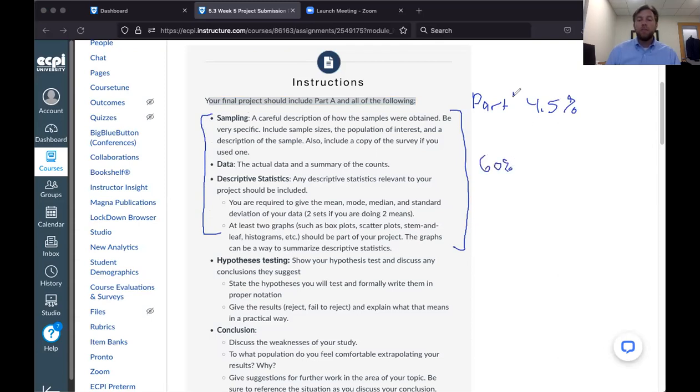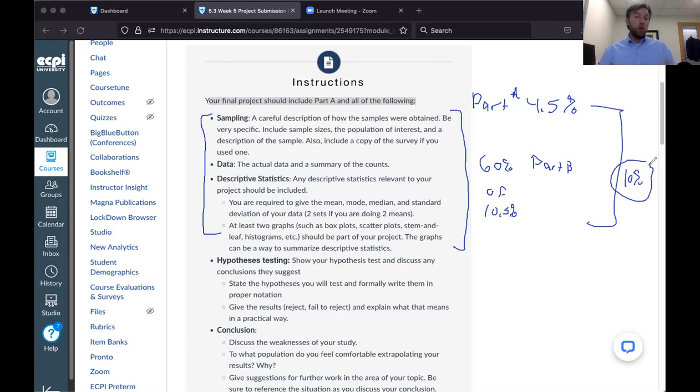So my point is that part A, while there's a feature in the grade book that says it's 4.5% of your grade, also corresponds to 60% of part B. And because part B is worth 10.5%, that's 60% of 10.5%. My point is that when you combine the two together, part A alone comprises 10% of your total grade.